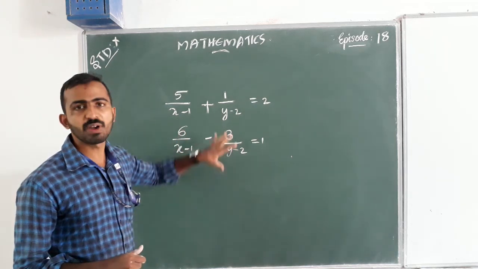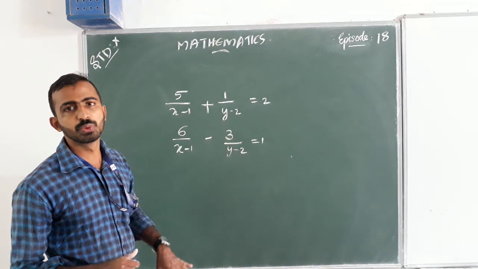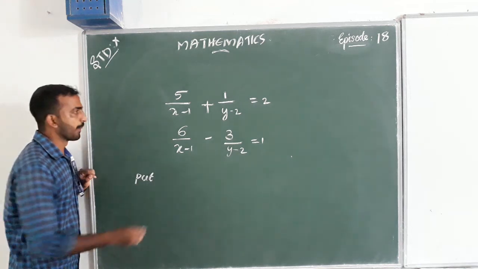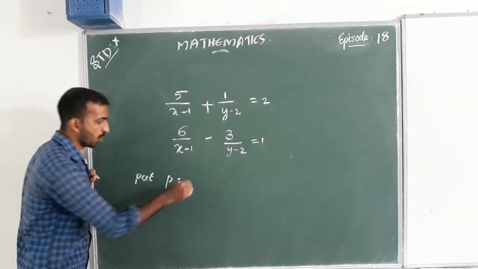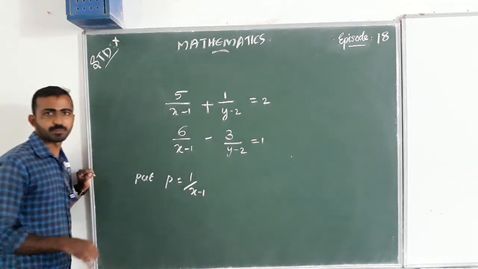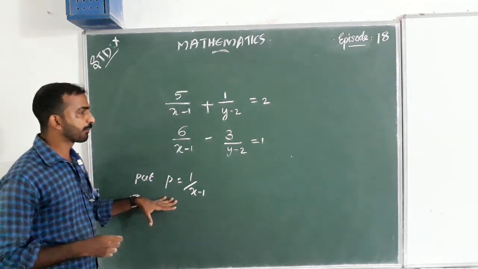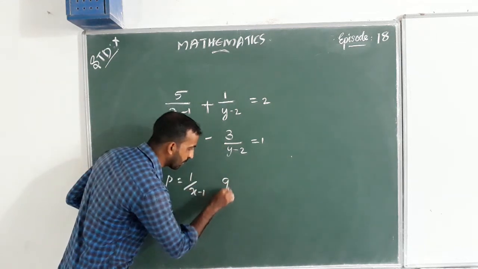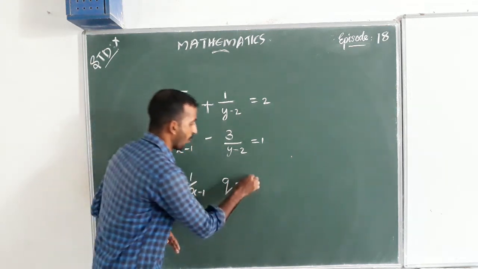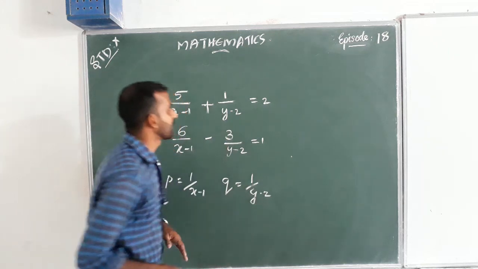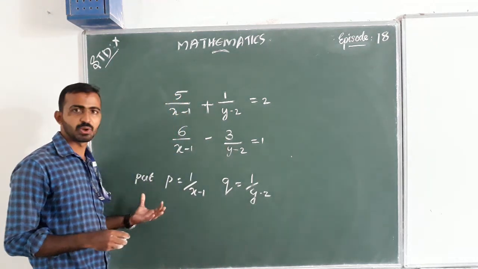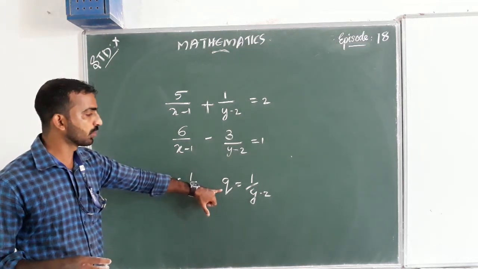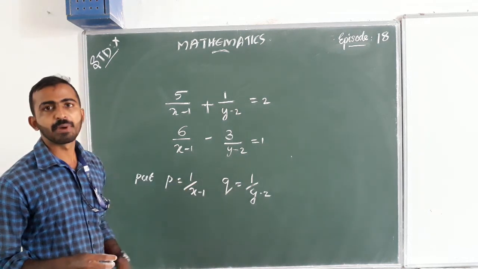So first, what do we do? We put p equal to 1 by x minus 1, and q equal to 1 by y minus 2.